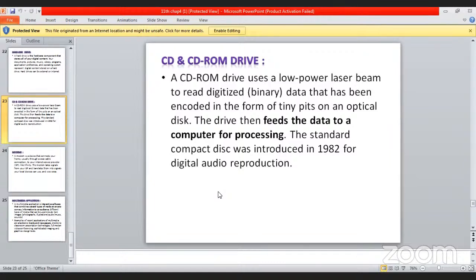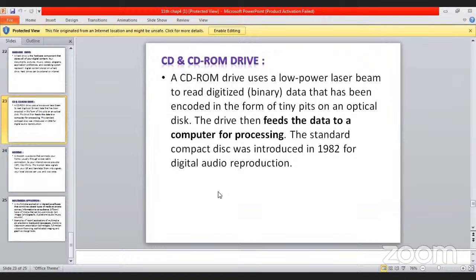CDs are used when the data or information is permanently used as reliable storage. Means the quality of CDs is much more excellent than normal audio cassette, but it is a costly device and delicate to handle also.